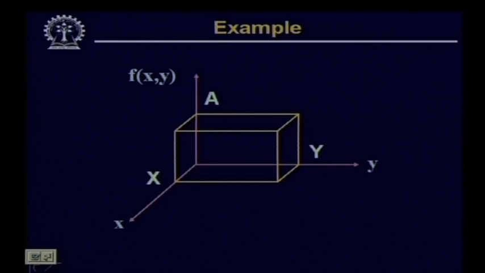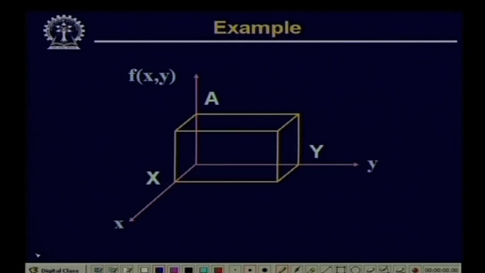The function in our case assumes a constant value, say capital A, for all values of x lying between 0 to capital X and all values of y lying between 0 to capital Y. So, what we get is a rectangular function, where for all values of x greater than capital X the function value is 0, and for all values of y greater than capital Y the function value is also 0, and between 0 to capital X and 0 to capital Y the value of the function is equal to capital A. Let us see how we can find out the Fourier transformation of this particular two-dimensional signal.